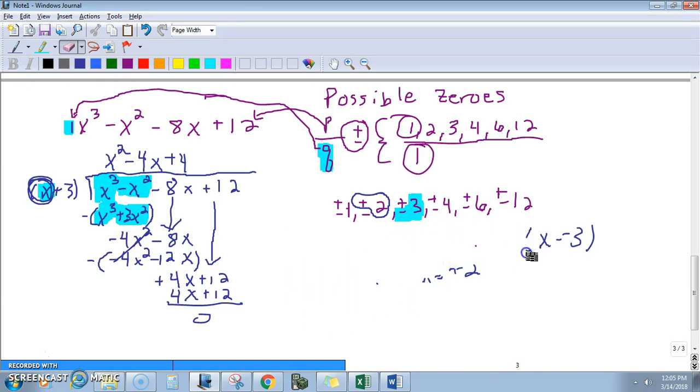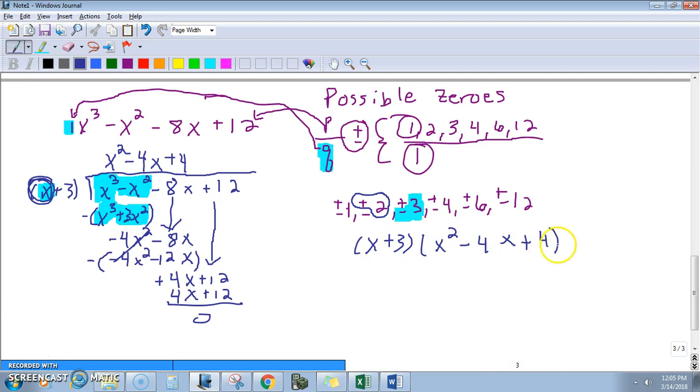What I know now is that x plus 3 times x squared minus 4x plus 4 is equal to my original x cubed minus x squared minus 8x plus 12.